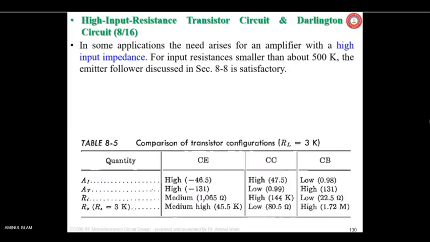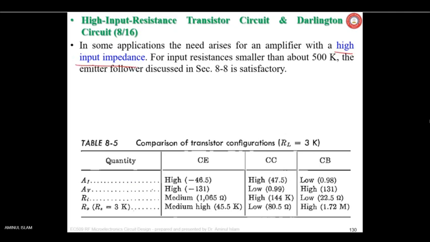In some applications, the need arises for an amplifier with high input resistance. At the beginning, we discussed that it is better if the input resistance is high, with the example of a mic and speaker. So it is not unknown to us.